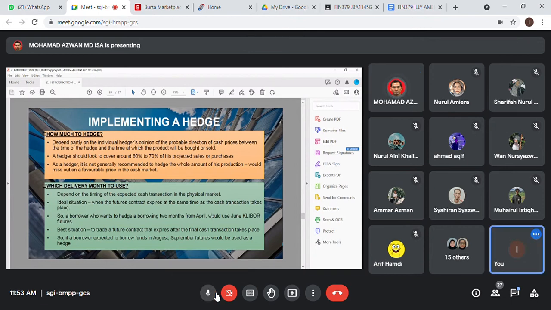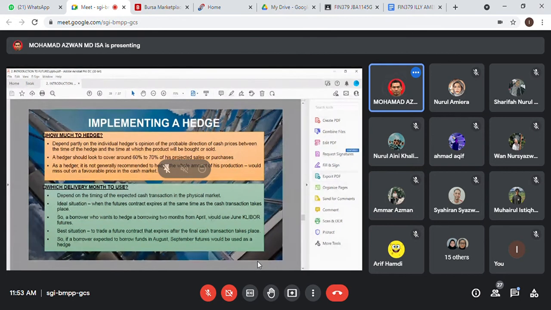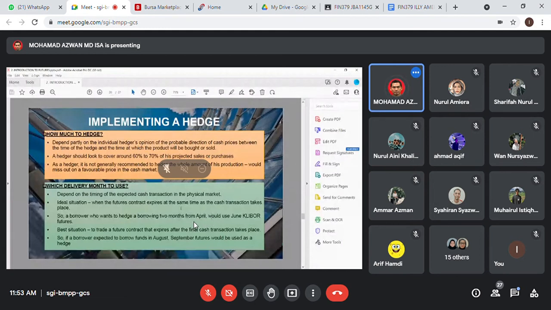Okay, I give another example. Katakan you plan to borrow money in January 2022. Which contract do you have to trade for the activity?